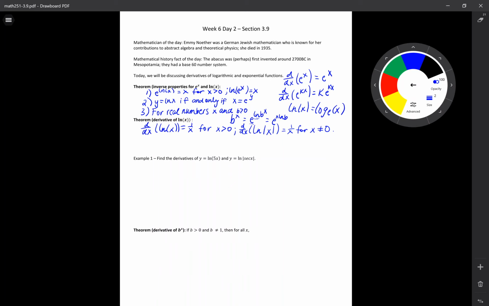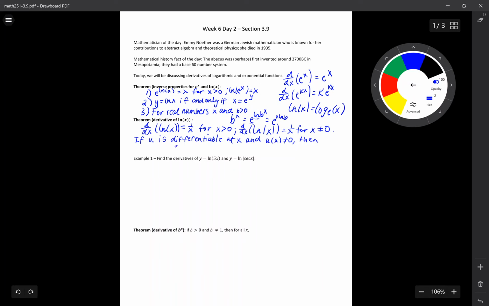So this is only one very particular case, right? The natural log of x. So what about if I have a composite function? So if u, a function, is differentiable at x, and u of x is not equal to 0, then I have the following.